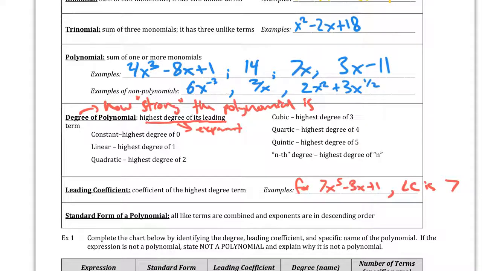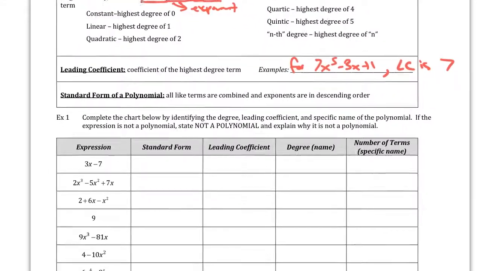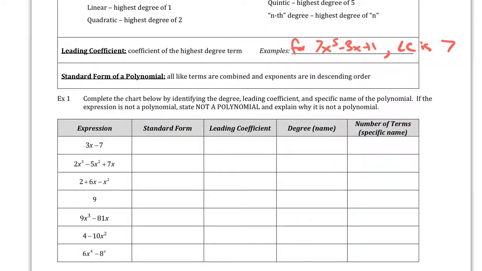Okay, so we have this chart at the bottom of the page here. I'm going to do a few examples, and then we'll leave the rest for you to try on your own. Okay, so first expression here is 3x minus 7. All right, one thing it's nice to do is to think about what the exponents are on the variables. This is 3x to the 1st minus 7. So it is in decreasing order, so standard form is just 3x minus 7.